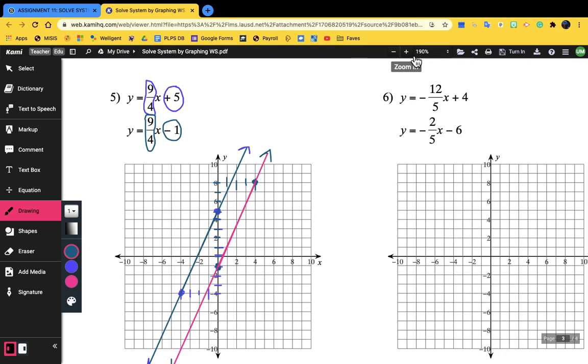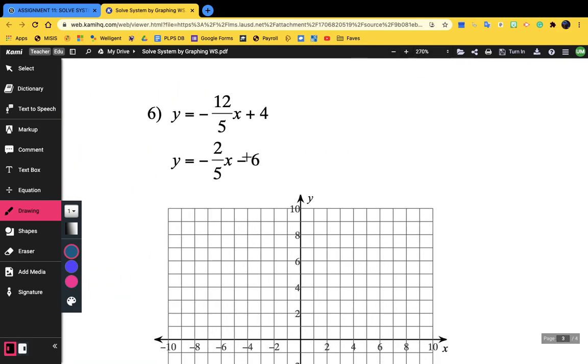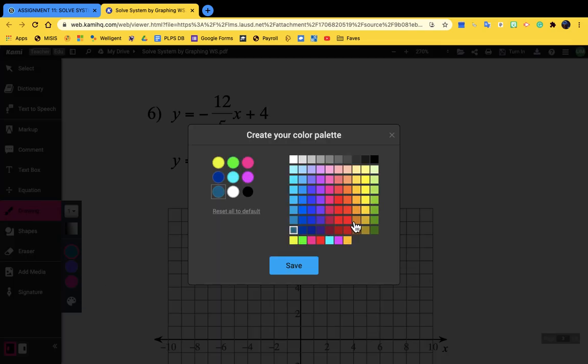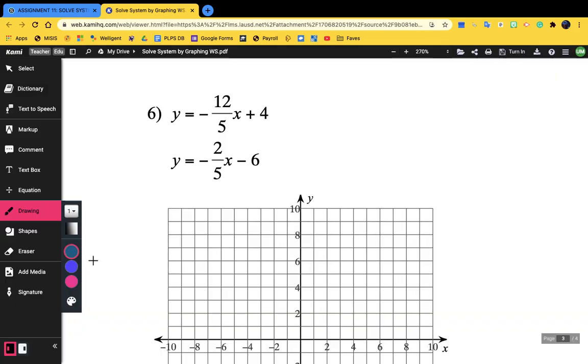Finally, last problem here. Number 6, let's stick with the same colors here. Oh, you know what? No, let's pick a different color. Let's go with an orangey. There's no orange around here, so let's do this orange here. Save. So here it is.